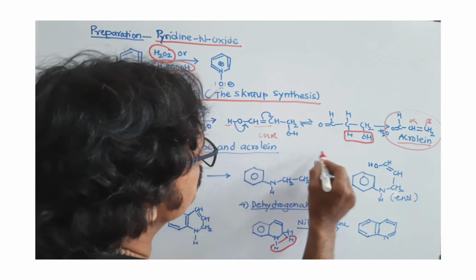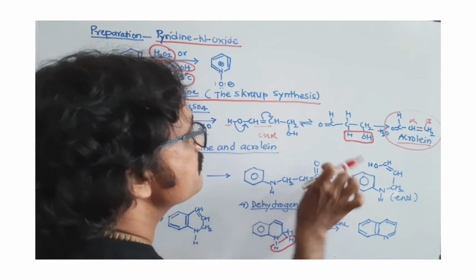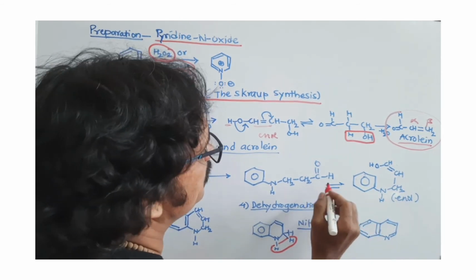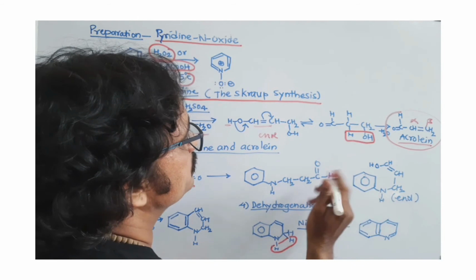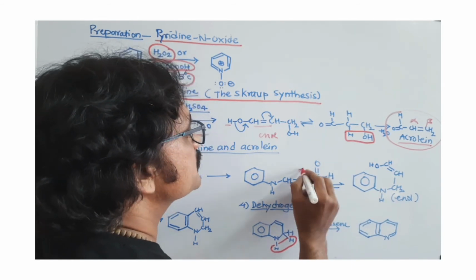Now we get here this aldehyde. This aldehyde you can show like this. This is again keto-enol tautomerization. How? Here the alpha hydrogen is very important for this conversion.